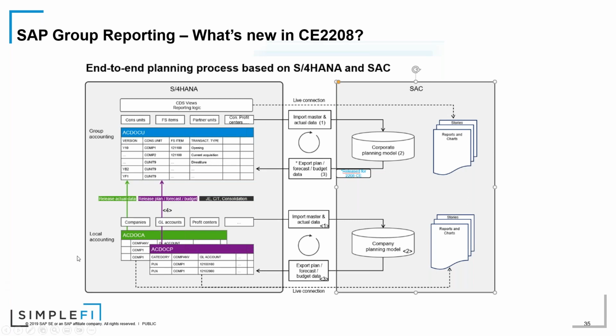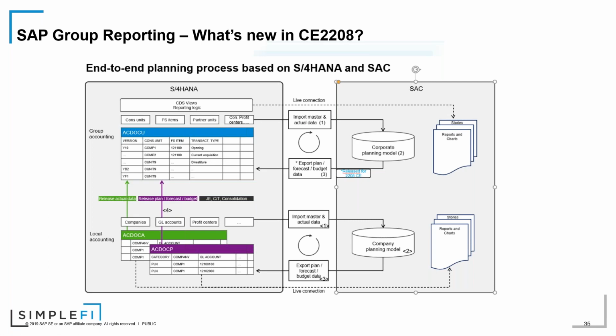Here we can see some of the other things, but the main thing to take away from this slide is that we still have the CDS views and live connections, and we're able to create stories on that. But typically I promote the idea of using import connections to import the master data actuals into a planning model and combine them with your planning data.